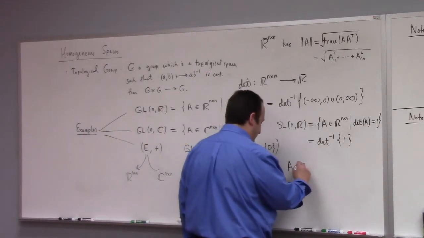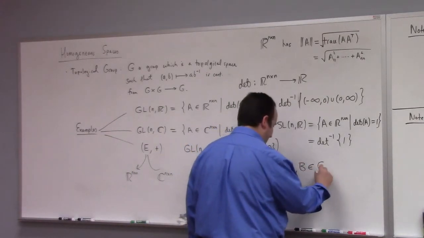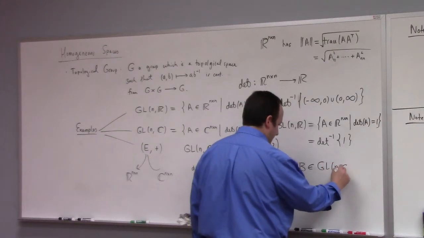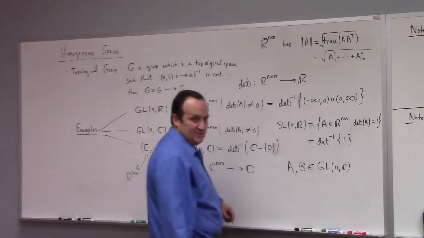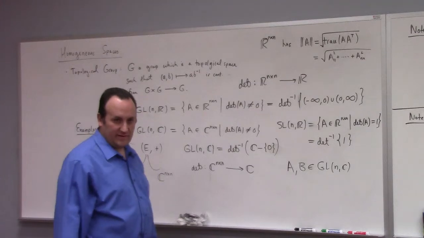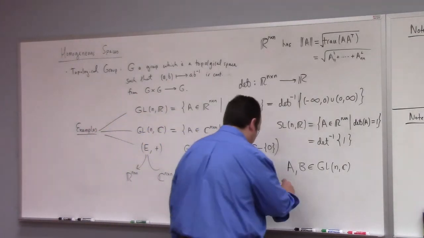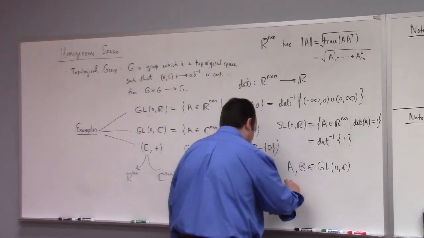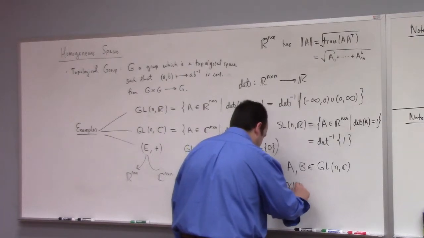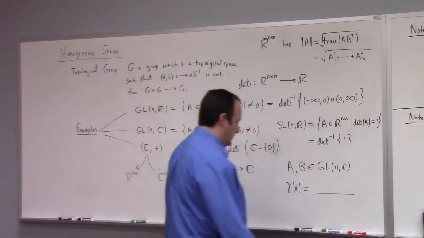You do this, then we'll leave for today. 2 points, 2 invertible matrices in GLNC, right? So you give me the formula. Gamma of t equals, all right, connect them.